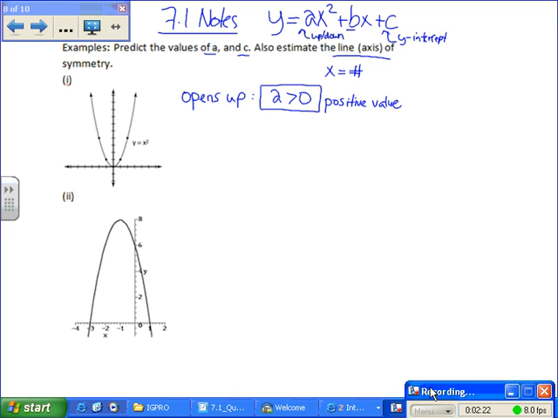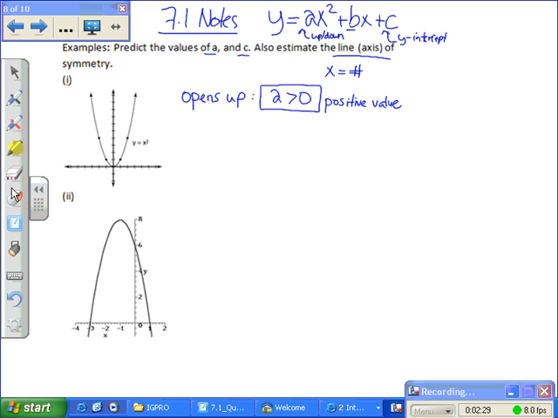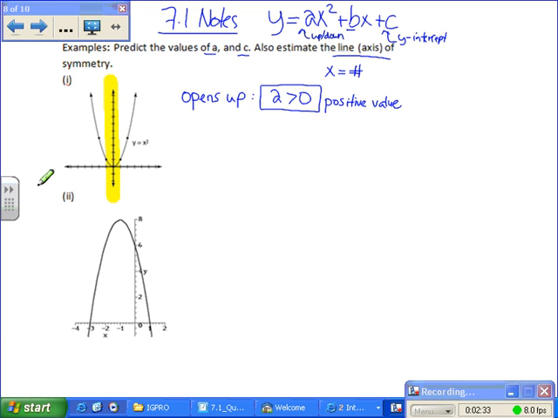Remember that c is your y-intercept. And so we're looking for where this parabola crosses the y-axis. Sometimes it's helpful just to highlight the y-axis. There's the y-axis right there. And let's see, where does the parabola cross it? Well, the only place it crosses it is right here at the origin. So there is my value of c.